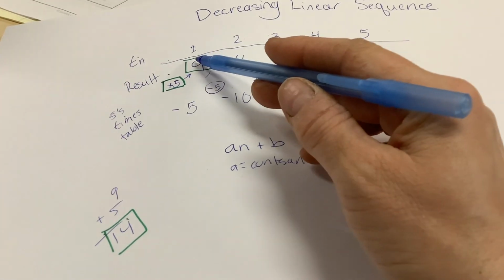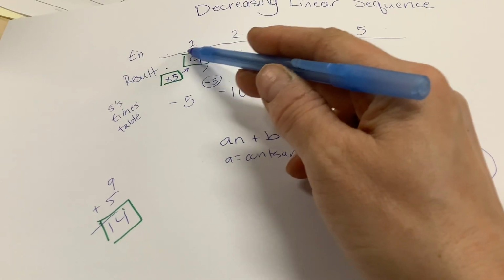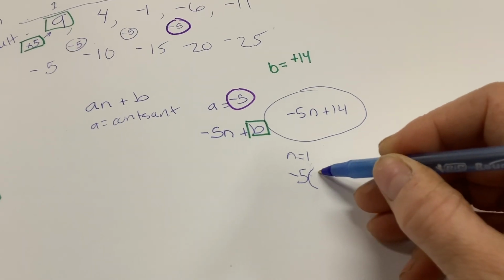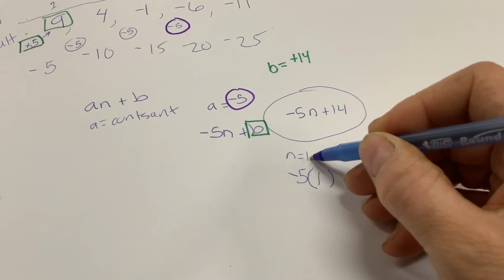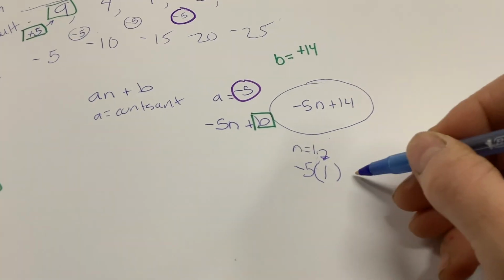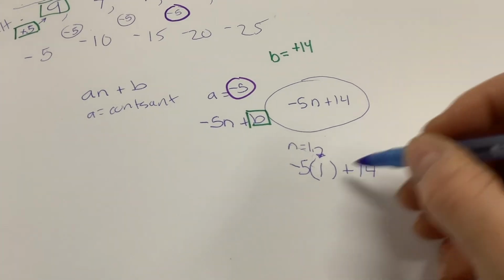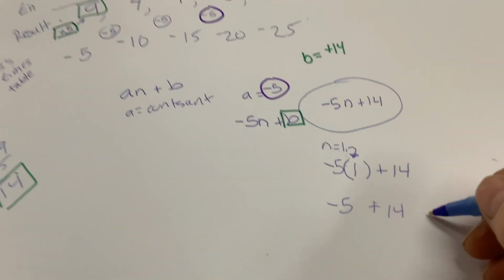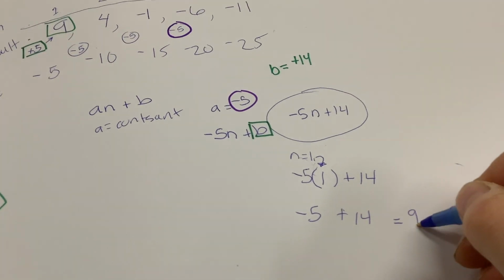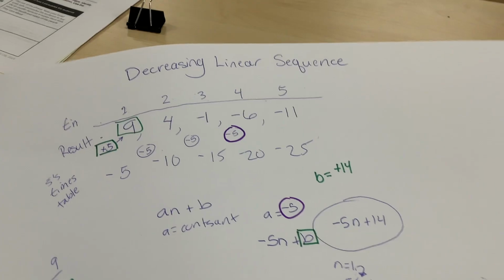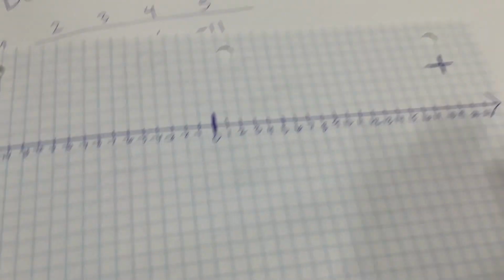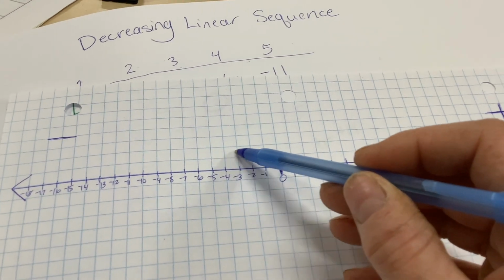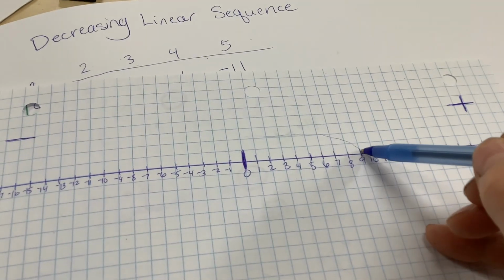When n equals the first term, or term number 1 in the pattern, we put the 1 in for n, and then we add 14. So you have negative 5 plus 14 equals 9. And if you're struggling to know how that is on the number line, if you're at negative 5 and you add 14, you're going to get to 9.